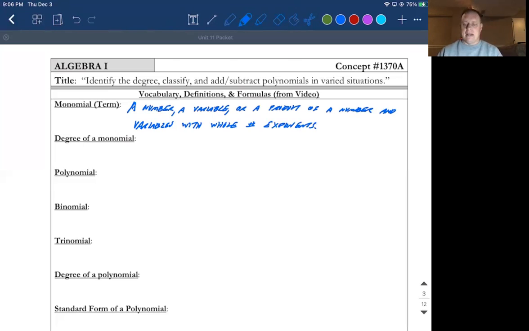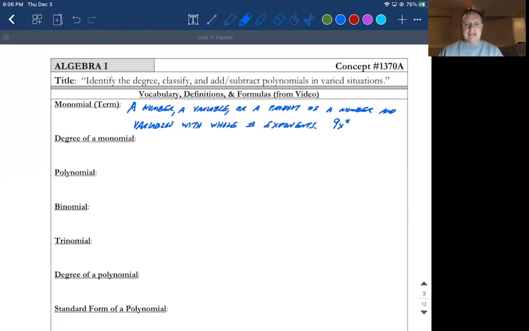So an example of a monomial might be something like 9x to the second power. Don't say 9x2, 9x to the second. That's got a number, a variable, and a whole number exponent.